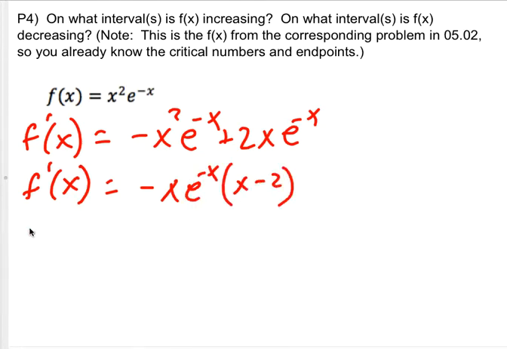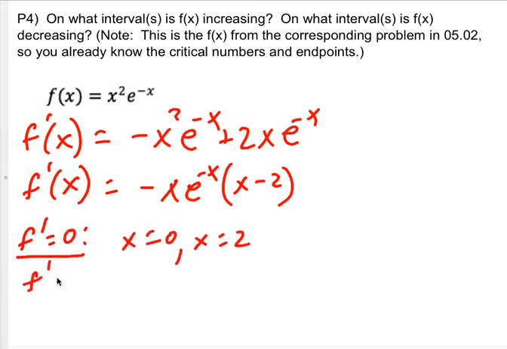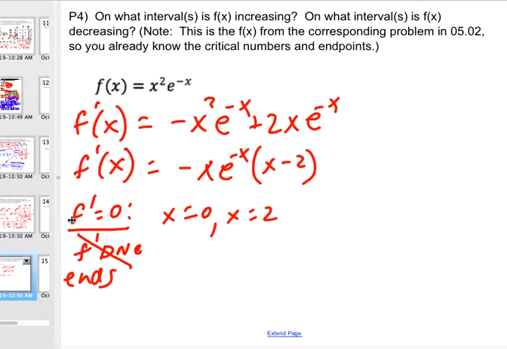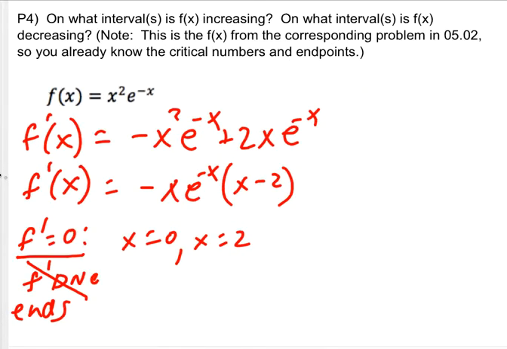So we got that our critical numbers when f prime is 0, that's going to happen when x is 0 or when x is 2, that there's no spots where f prime does not exist, and that there's no endpoints. So what goes on my sign chart is, oh, my bad. Sorry, folks. That's a lot of slides. All right, cool. So what goes on my sign chart are just these folks right here and infinity.